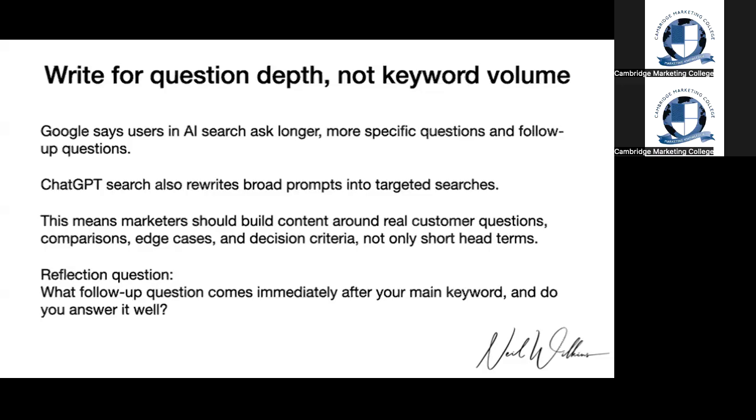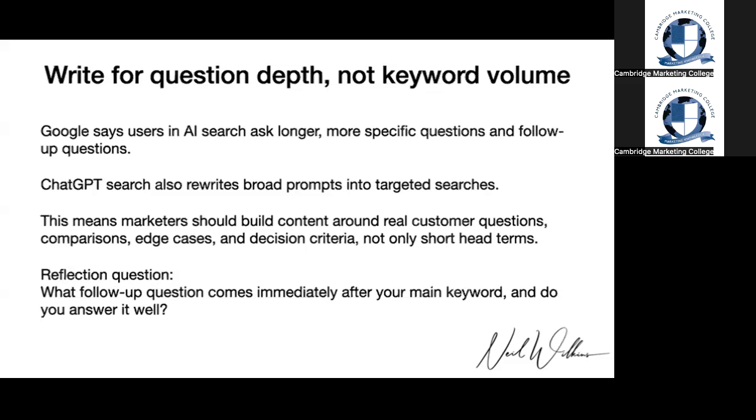So ChatGPT search, for example, rewrites broad prompts into targeted searches. You just got to watch it as it's searching on your behalf. Just spend a little bit of time watching how it's thinking, how it's interpreting what it's finding, and you'll find it adjusts and evaluates from what it sees.